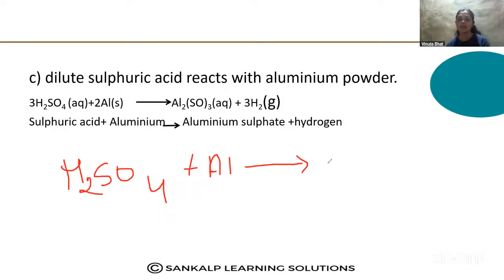It forms aluminum sulfate, Al2(SO4)3, plus hydrogen. I have just written the 3 hydrogen. You have to balance this. Just balance the reaction. You know how to balance a chemical reaction.